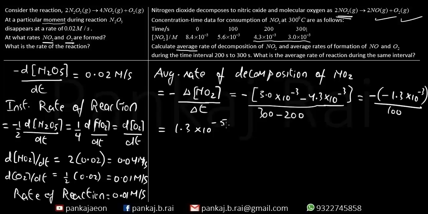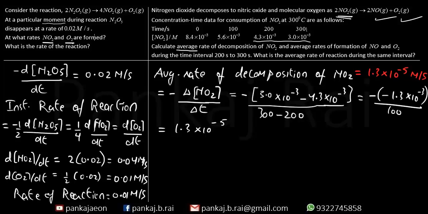So that is the average rate of decomposition of NO2, in molar per second. Let me write it here: we have just got the average rate of decomposition of NO2, and it is coming out to be 1.3 into 10 raised to minus 5 molar per second.